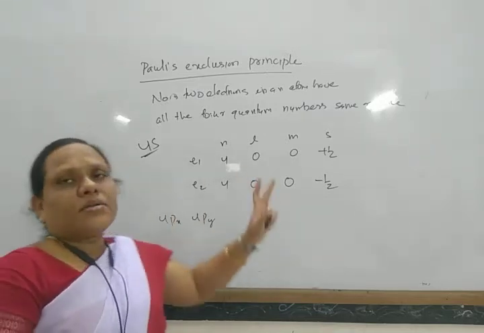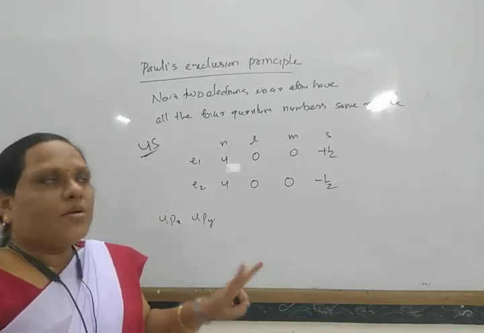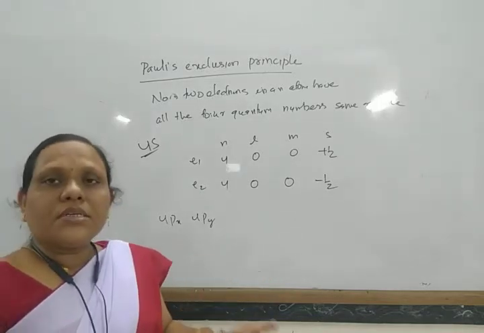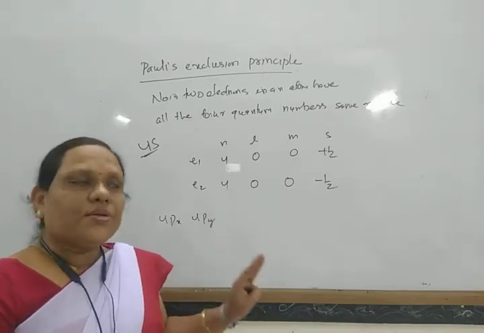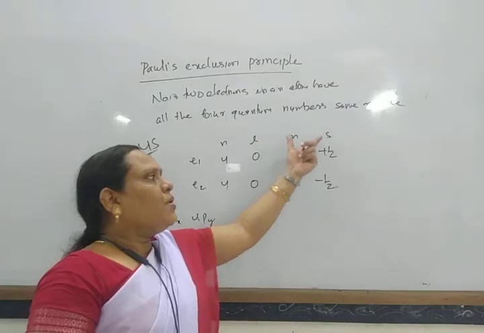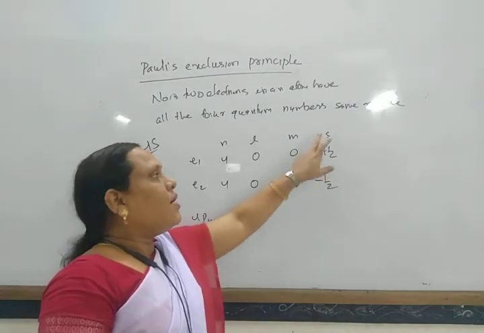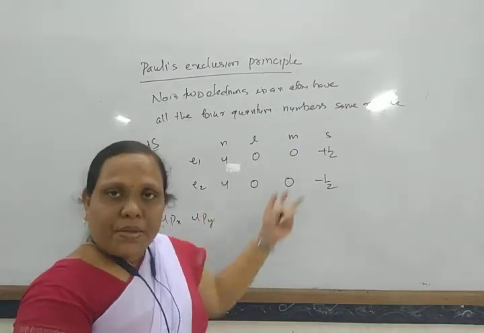So all four quantum numbers for the two electrons are not the same. A maximum of three quantum numbers are the same, and the spin may be different, or in some cases M may be different.